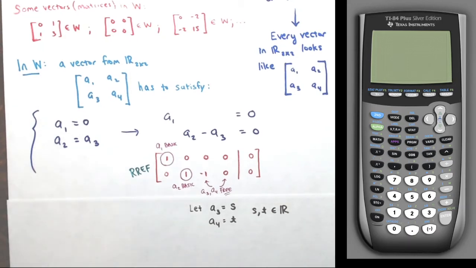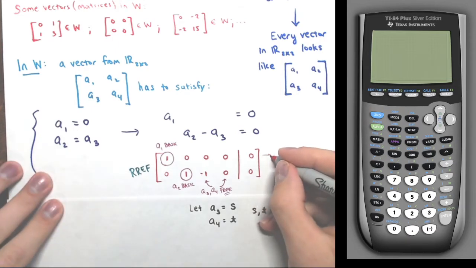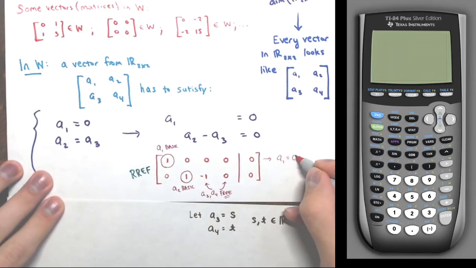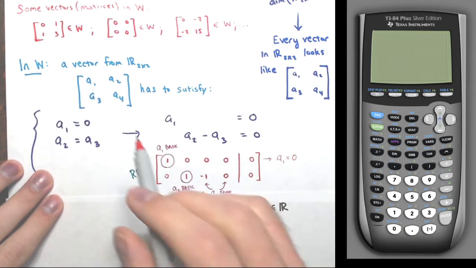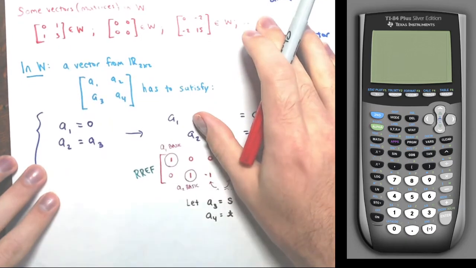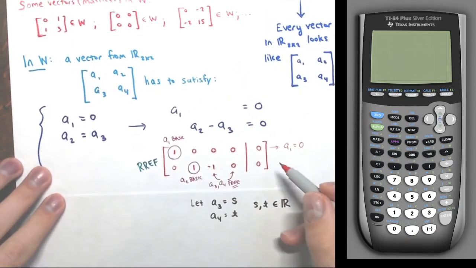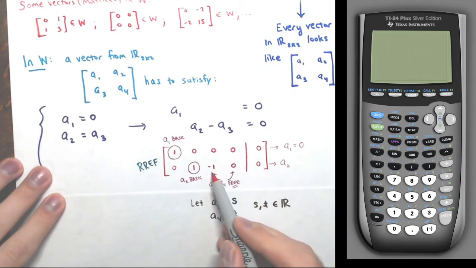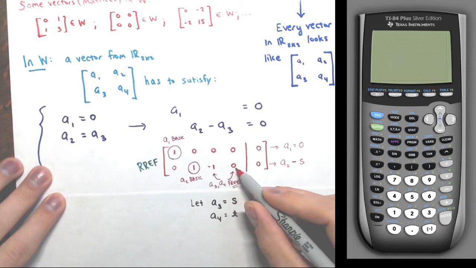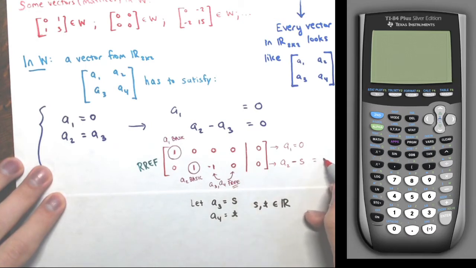Alright, now from the first line, we're seeing that the value of A1 is equal to 0, so that's never changing, right? That's this first row, first column entry, which we see up here. It has to be 0. Then the second row tells me that A2, my basic variable, minus A3, so minus S, plus no A4, so nothing to worry about there, equals 0.